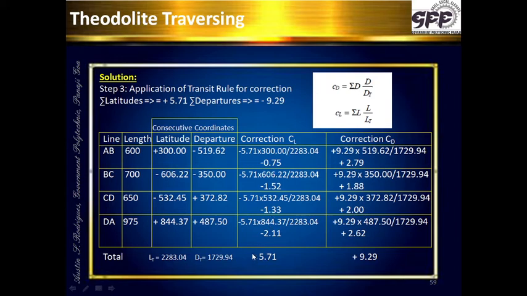The total comes to 5.71, which is same as this. Similarly, correction to the departures, plus 2.79, plus 1.88, plus 2.00, plus 2.62 comes to 9.29, which is exactly equal to the error in departure.